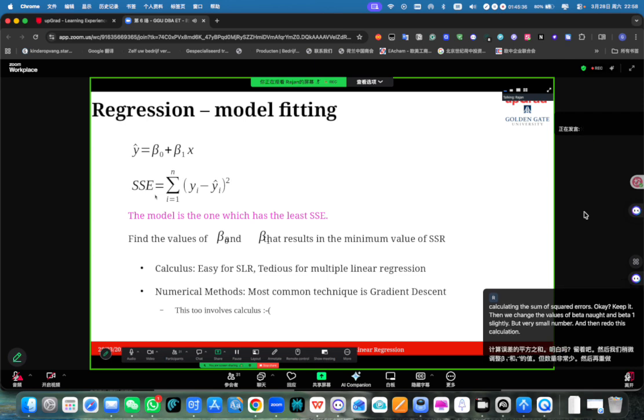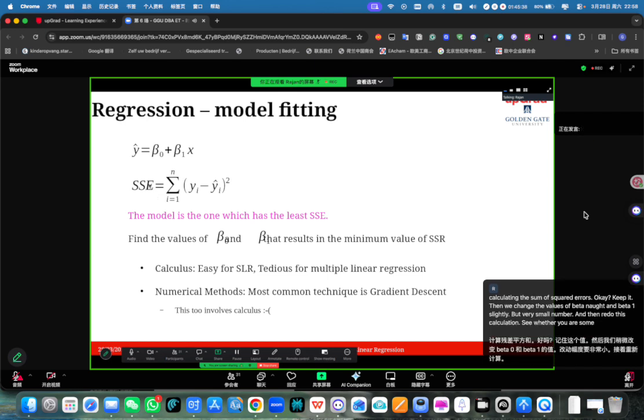See whether the sum of squared errors decreases or increases. If it decreases, then we know the original guess was not the optimal guess, because now a different value gives a lower sum of squared errors. We do not know whether this is the optimum.